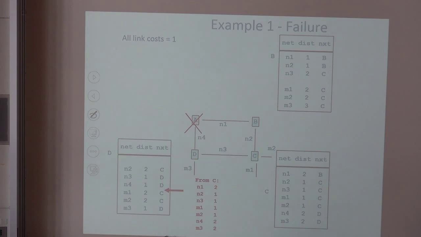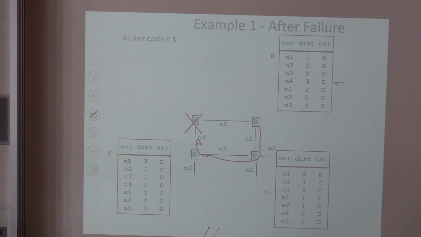Now, once in a while, the algorithm continues. So once in a while, C will send its table to D. So now D has lost the information on how to go to N1, but it will receive from C the information about N1 that D can now use to reconstruct an alternate, a better path, which is now N1 is at a distance 3, which is exactly what happens.